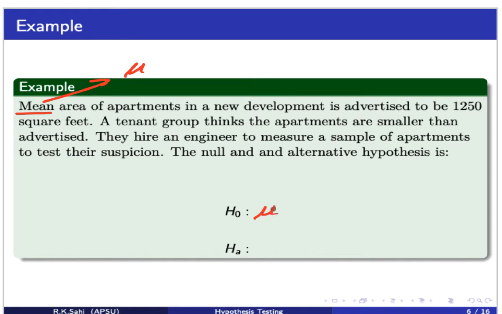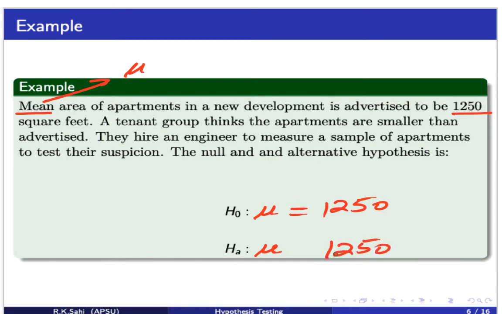So automatically, the moment you know what the parameter is, go ahead and write down the mu, and next to it for the null hypothesis an equal sign, because after that is a value we have to put. Okay, so it says mean area of apartments in new development is advertised to be 1250 square feet. There it is. 1250 is the value. Now the alternative hypothesis will also have 1250.